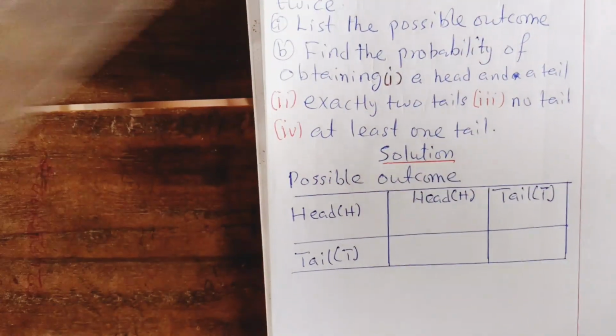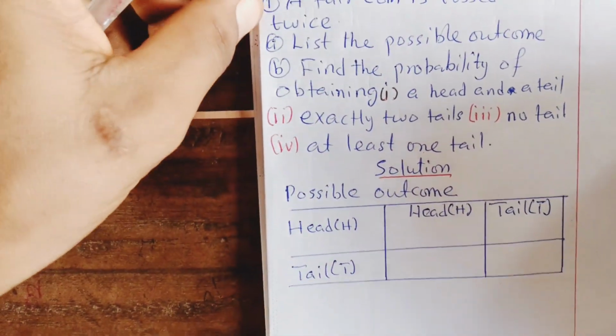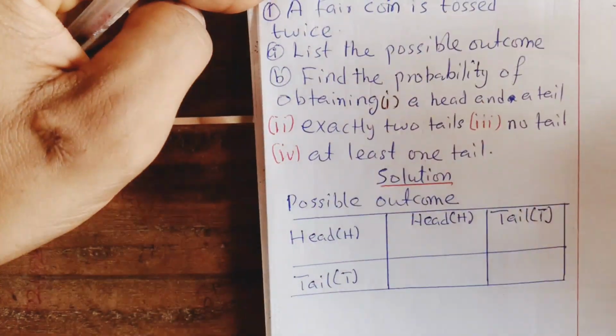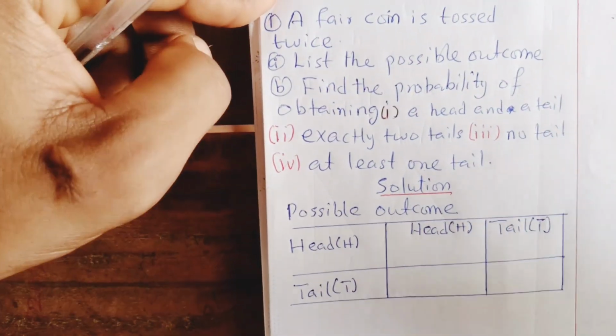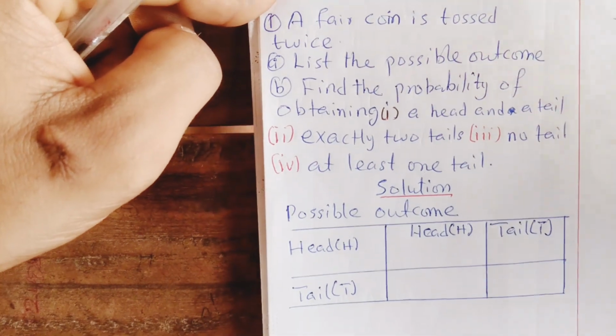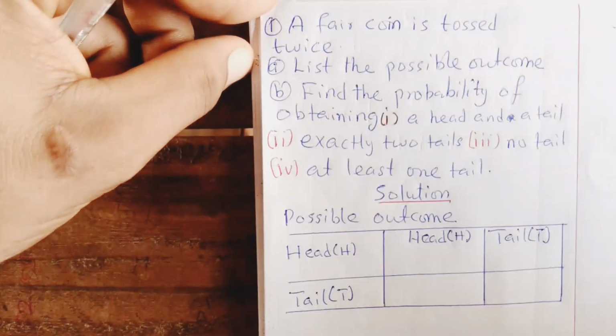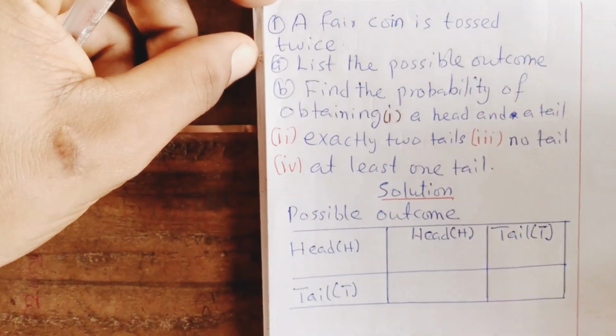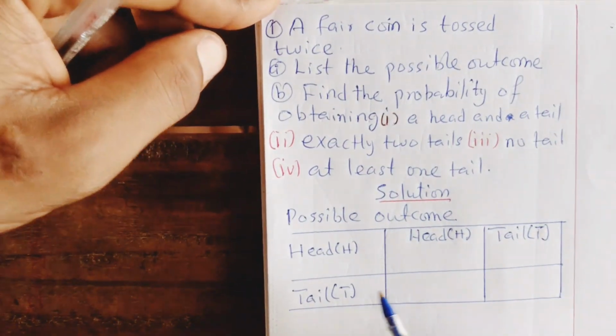So I said earlier that when you toss a coin, it's either a head or a tail that will show. So the possible outcome is telling you all the things that you get, that's the result of an experiment.